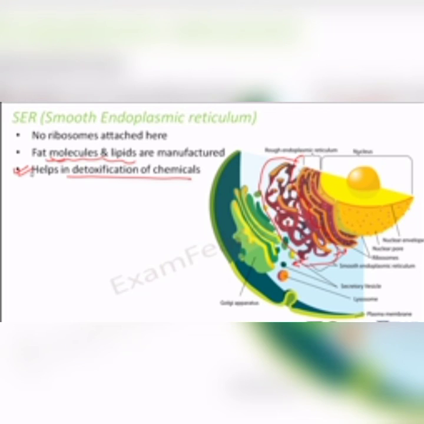That is the stage when the body starts getting harmed due to intake of alcohol. So this is a very important function of smooth endoplasmic reticulum, that it helps in detoxification of harmful chemicals and toxins. And it converts those chemicals into water soluble substances which are safer for the body.